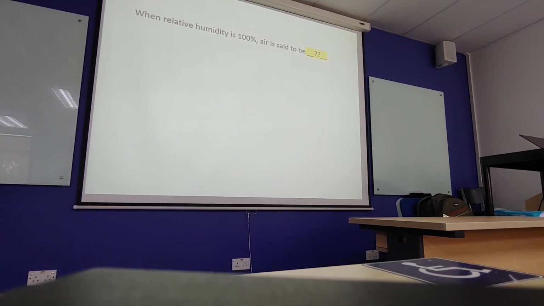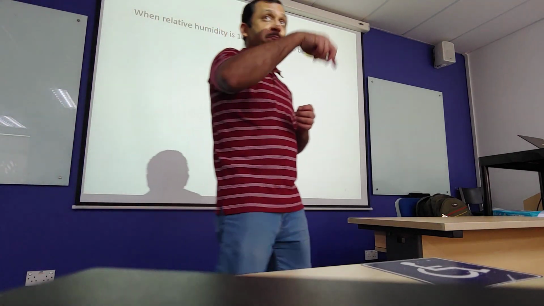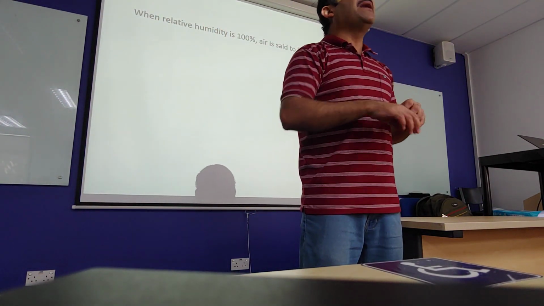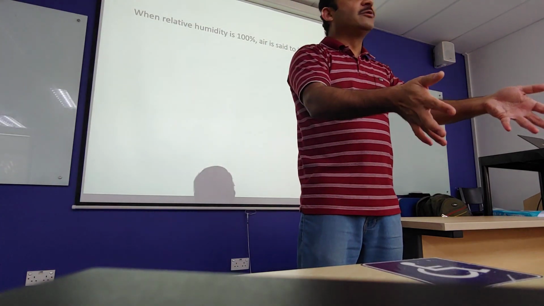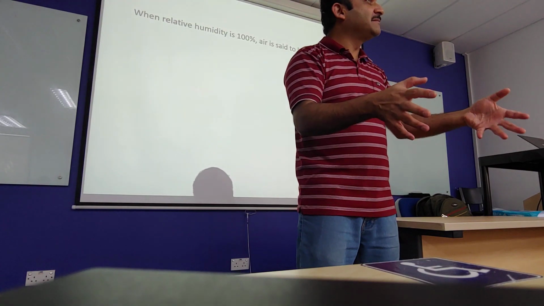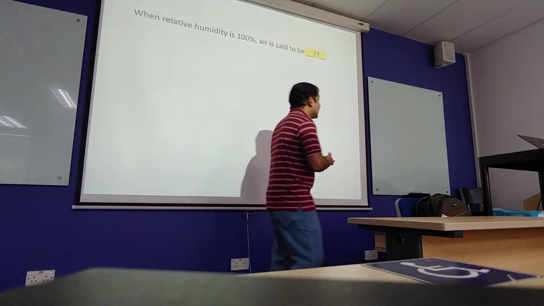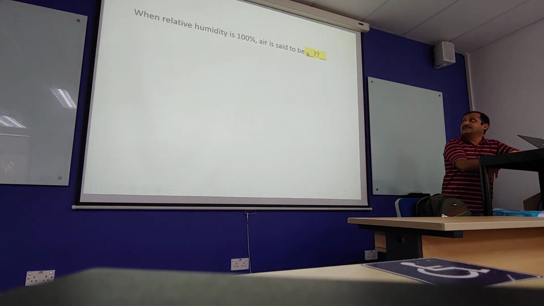So relative humidity is the ratio of the amount of water molecules present in the air at a given condition divided by the maximum possible amount of water molecules that could be added to that air at that given condition. Clear? Is that clear? When relative humidity is 100%, air is said to be saturated.